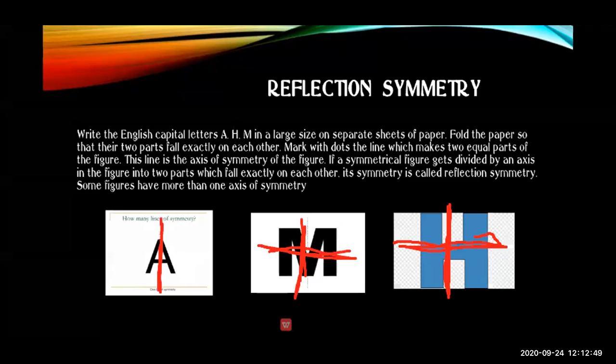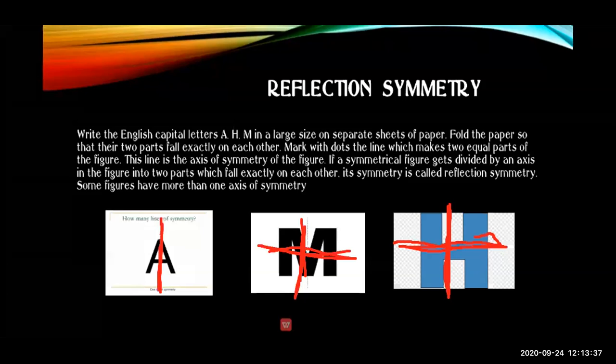Now, what is reflection symmetry? The definition of reflection symmetry is: if a symmetrical figure gets divided by an axis into two equal parts which fall exactly on each other, then that is called reflection symmetry.